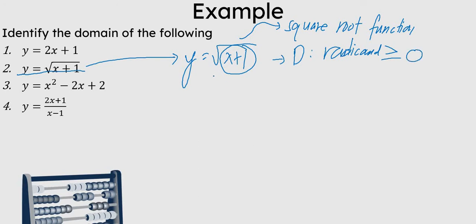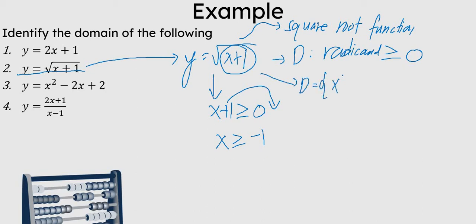For example, for this specific one, we should have x plus 1 is greater than or equal to 0. And just like solving linear equations, all we need to do is transpose. Therefore, we'll have x is greater than or equal to negative 1. Therefore, the domain is equal to the set of all x such that x is greater than or equal to negative 1.